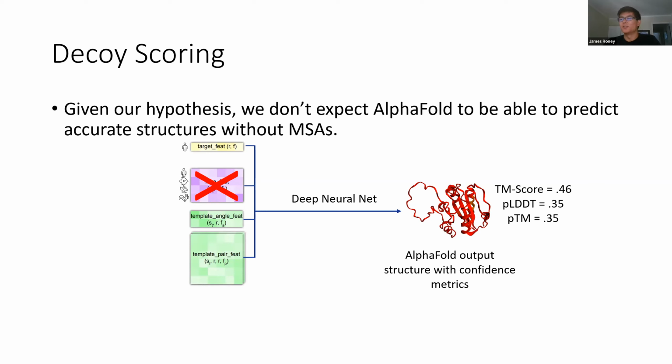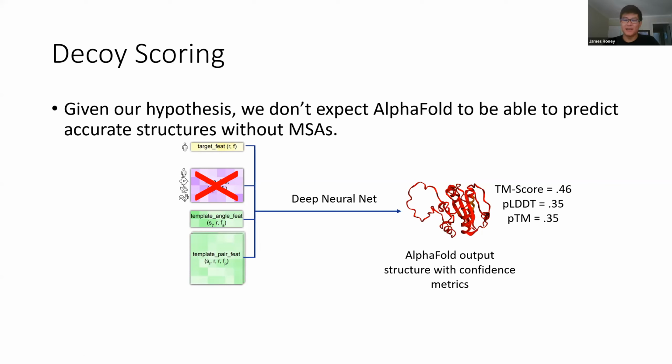When AlphaFold is tasked with predicting the structure from just the sequence, we get a structure that's not very accurate, and AlphaFold also knows that this structure is not very accurate, and its confidence metrics, as reported by the predicted LDDT score and the predicted TM score, are pretty low.